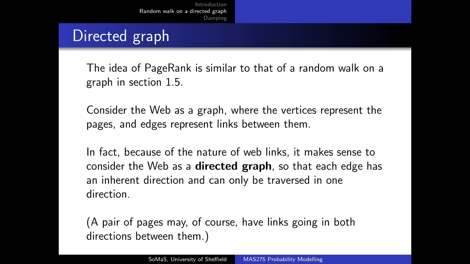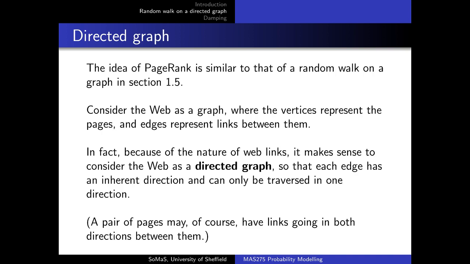So what do we have? The idea is that we consider the web as a graph. The graph is made of all the web pages, and you say that two pages are connected if there's a hyperlink between them, so if on one of those there's a link which you can click, which brings you to the other one.